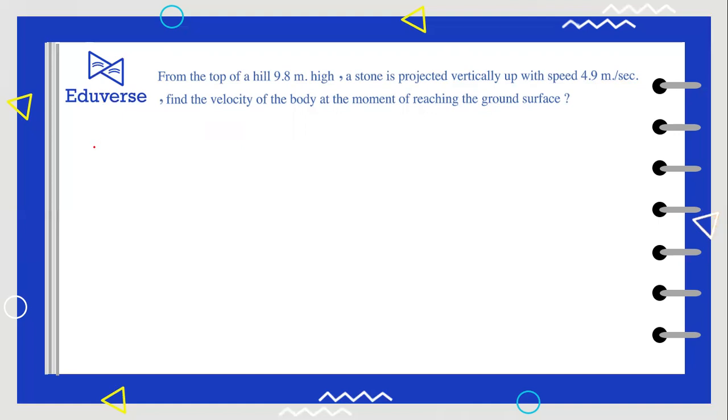Firstly, the initial velocity is 4.9 meters per second and the distance is 9.8 meters. Gravity, I know, is equal to 9.8 meters per second squared. I want the velocity of the body at the moment it reaches the ground surface.